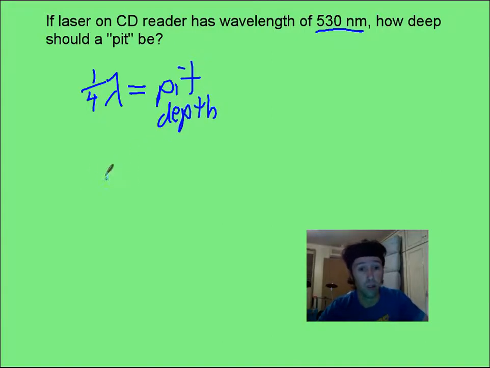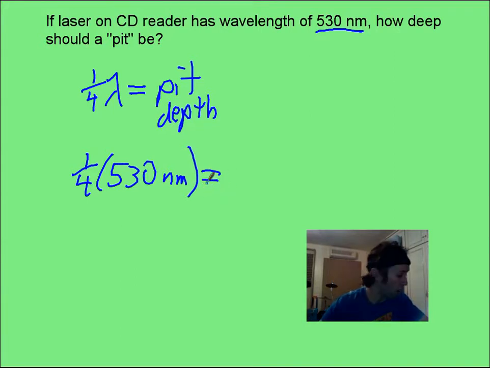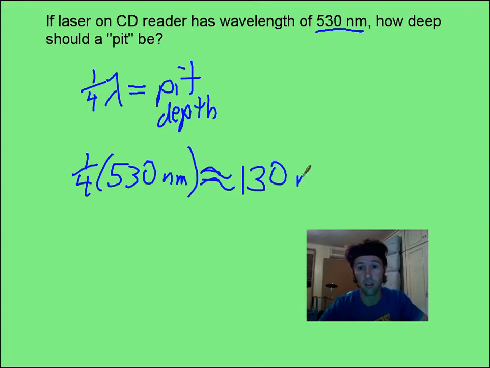And so then you can just plug in your numbers, and 1/4 of 530 nanometers is going to give you your answer of about, when you round it, 130 nanometers. That's a pretty small way of storing some information.